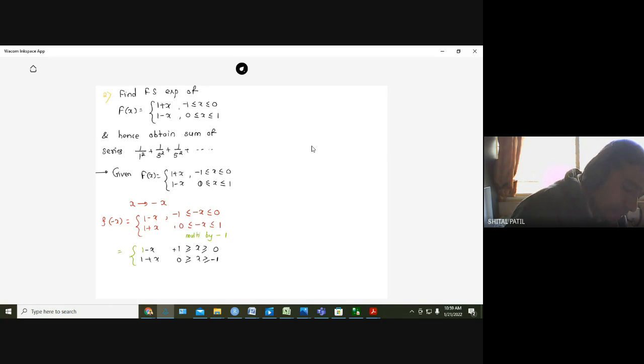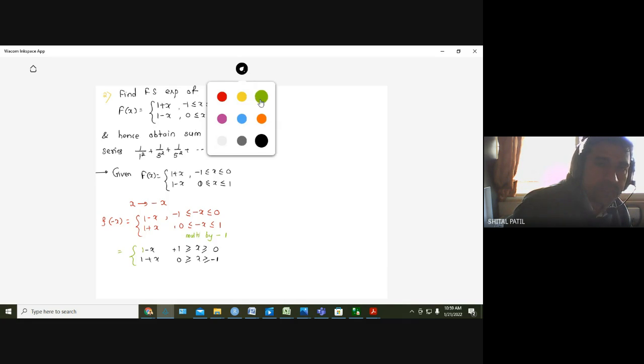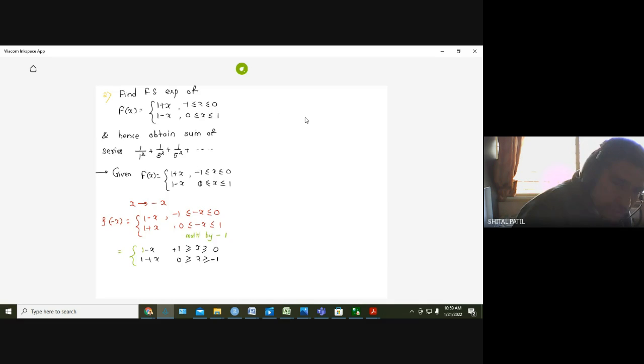Now compare. So the comparison is like this. X between 0 to 1, the function is 1 minus x. Same. Now x between minus 1 to 0, it is 1 plus x.